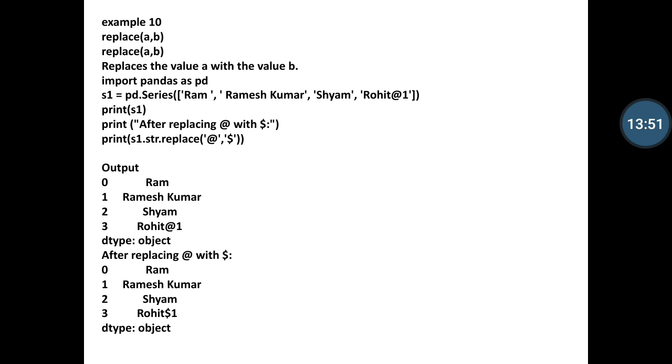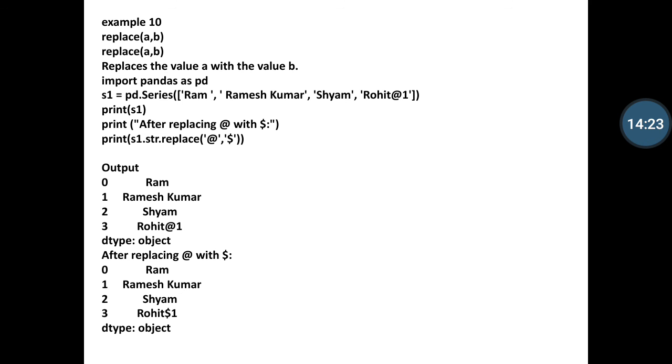You can notice that in our series Rohit is defined as Rohit@1, which is replaced by a dollar symbol. So I am writing print s1.str.replace, the @ symbol replaced with a dollar, defined in inverted commas, and close the bracket.